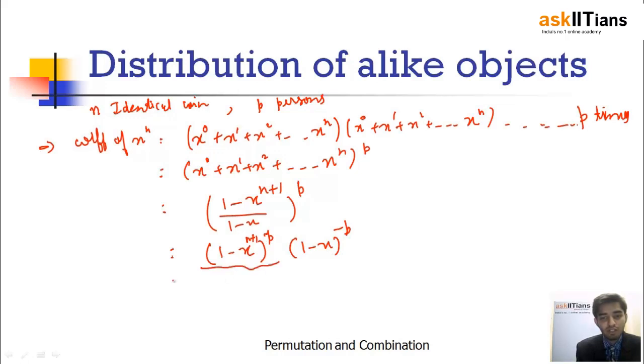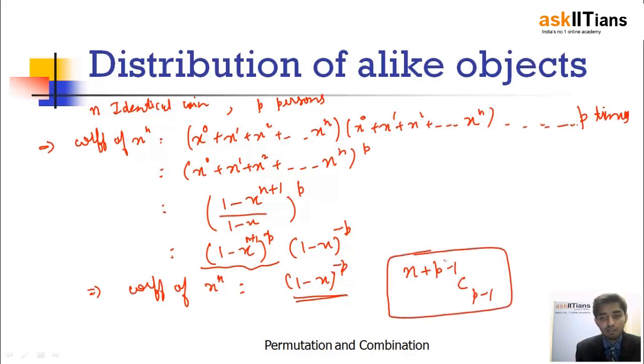There will be no coefficient of x to the power n in the first part, so directly I can say the coefficient of x to the power n in the expansion of (1 minus x) to the power minus p will be given by n plus p minus 1 c p minus 1. So these are the total number of ways in which n identical coins can be distributed among p persons.